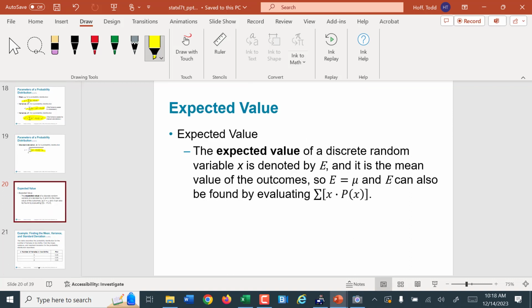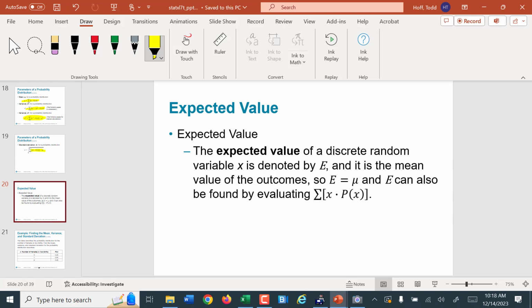So the expected value is the mean of a probability distribution. And what it is on average, we hate using that word "average," but if we repeated the experiment over and over again and found the mean of the results, that would be the mean result.